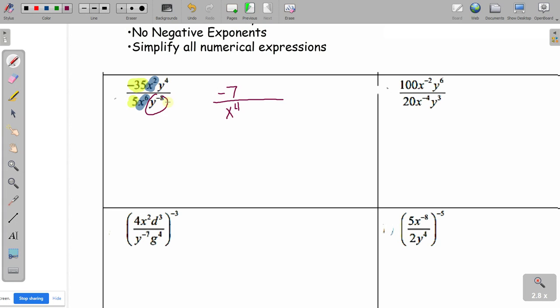Negative exponent, move him to the top. So we're going to get y to the 4th times y to the positive 8th. When you're multiplying, you add the exponents. So everything stays the same. 4 plus 8 is 12. So y to the 12th goes on top.